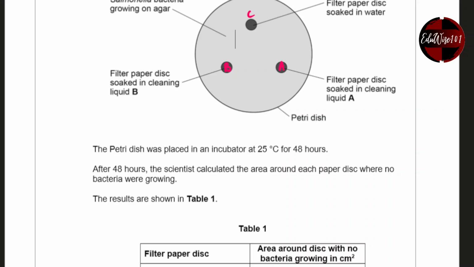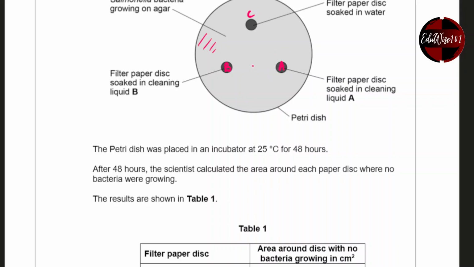The Petri dish was placed in an incubator at 25 degrees for 48 hours. After 48 hours, the scientists calculated the area around each paper disc where no bacteria was growing. So this area basically has the bacteria, all the gray area. So when the cleaning liquid seeps through from the disc, then you would actually have a clear area where there is no bacteria.